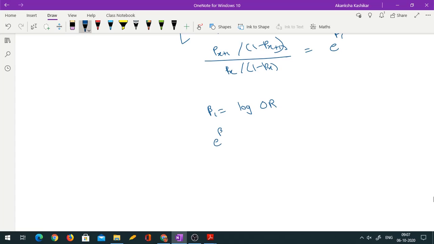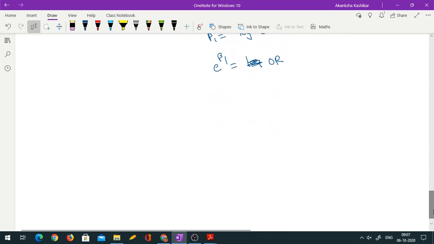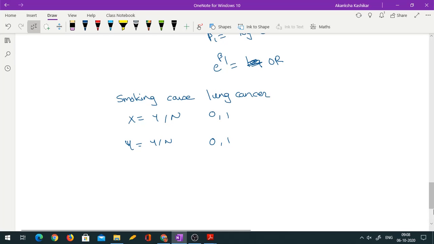So e raised to beta 1 is actually the odds ratio, and the odds ratio has a very important place in logistic regression. The typical example that is given for logistic regression is, does smoking cause lung cancer? Yes or no? Okay, so here my x is binary, yes or no, and y is of course binary, yes or no. Let me call it 0 1, 0 1.